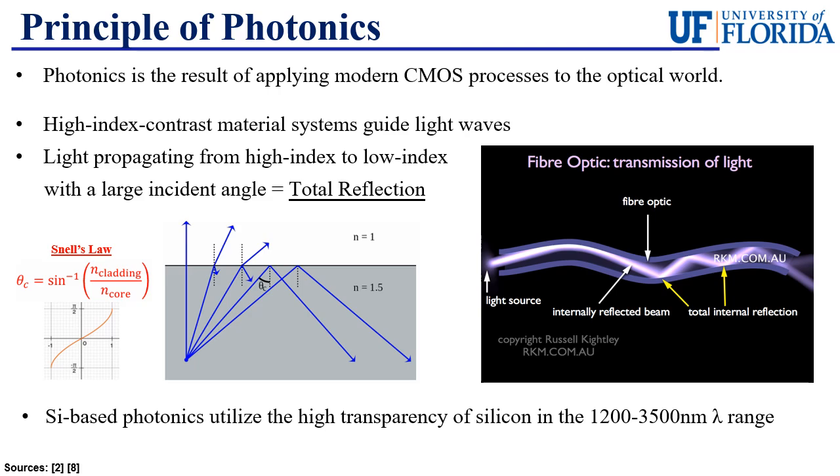Using high index contrast material systems, total internal reflection of injected photons can be easily achieved. Now, a clever choice of materials optimizes the transparency of the core and contrast of indices of refraction at a specific wavelength. And with that, the fabrication of photonic devices becomes achievable.